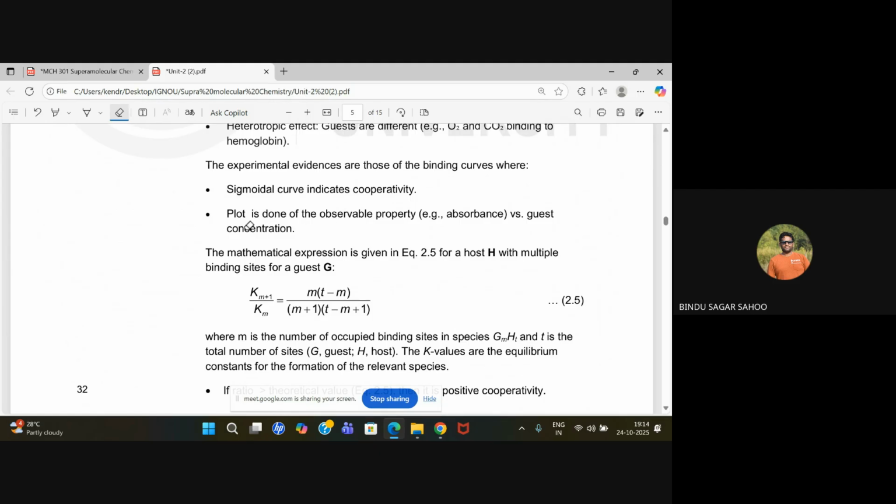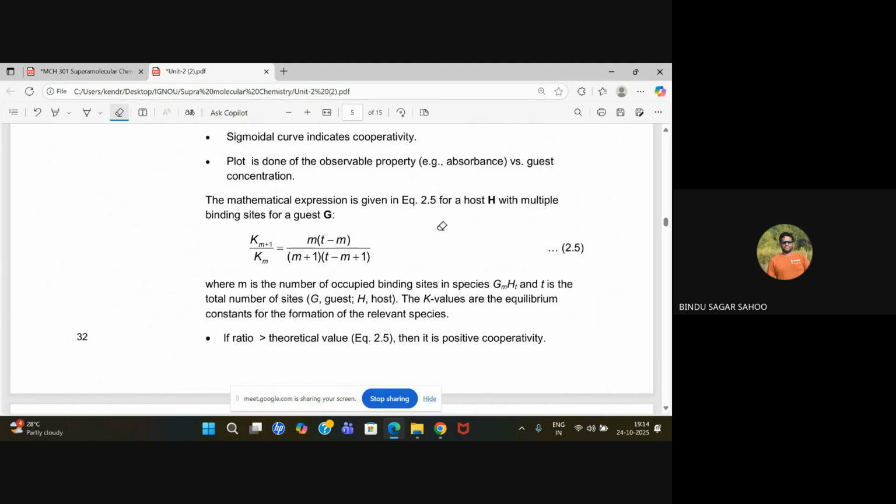Again there will be a mathematical expression from which we can identify these thermodynamic stabilities. Here you can see the equation: K(m+1) divided by K(m), with (T minus M). Here M is the number of occupied binding sites and T is the number of total sites.